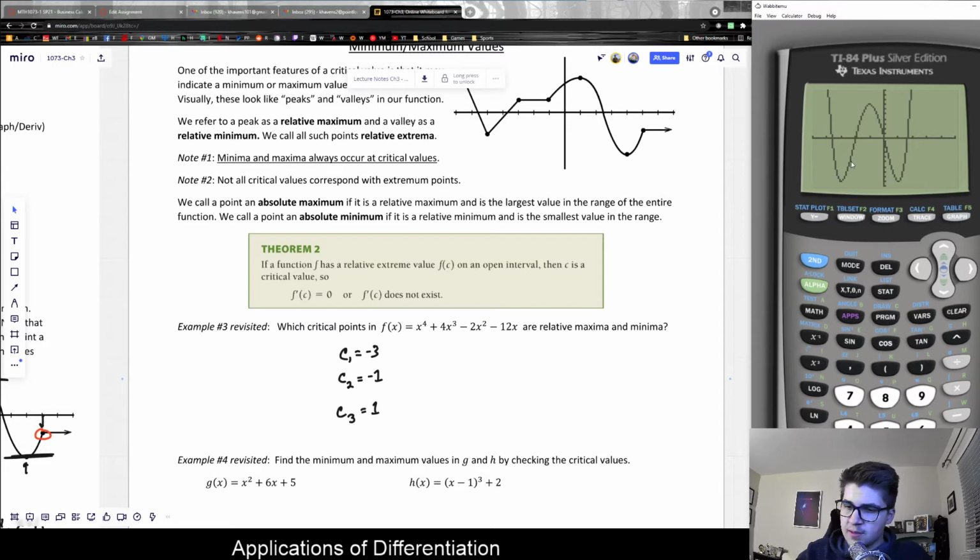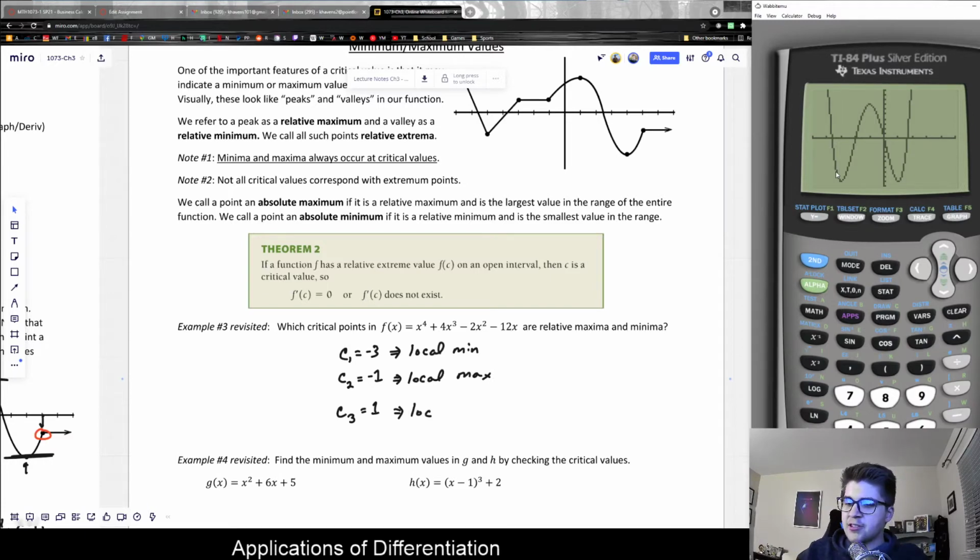So this corresponds to a local minimum. When x was equal to -1, we got this critical value, which corresponds in this case to a local maximum. And when x was equal to 1, the third critical value, we got a local minimum once again.